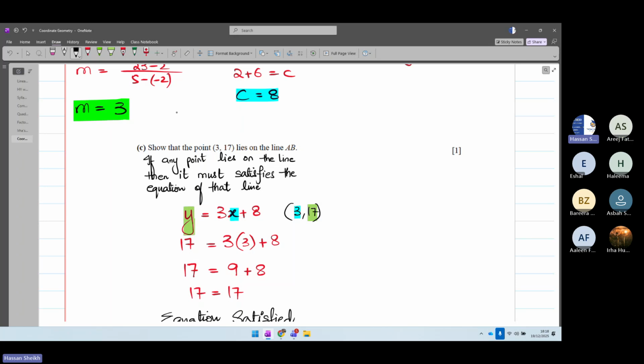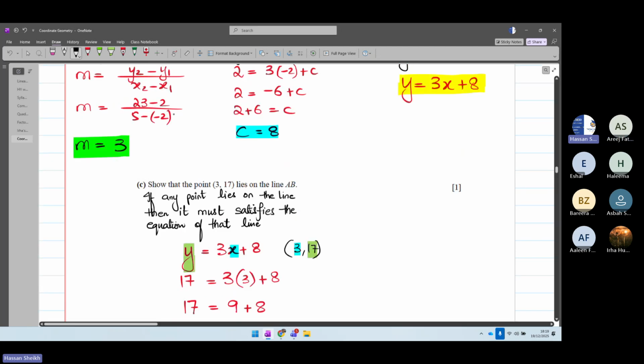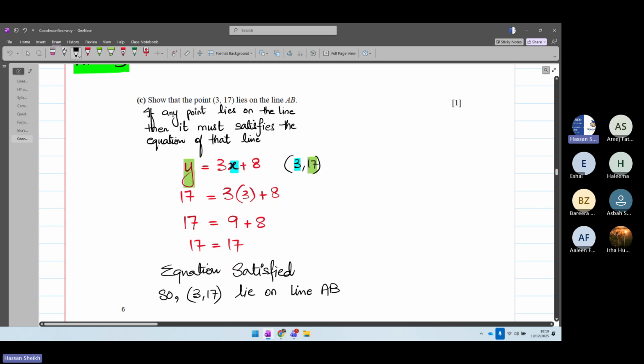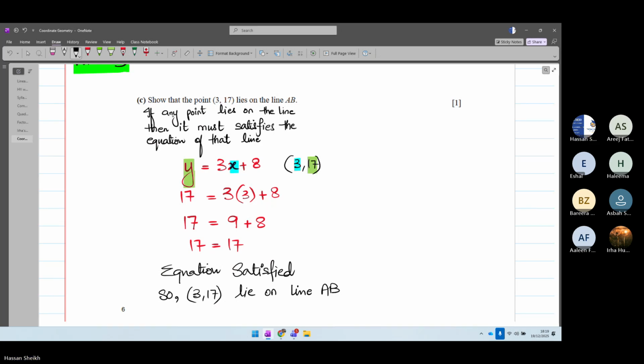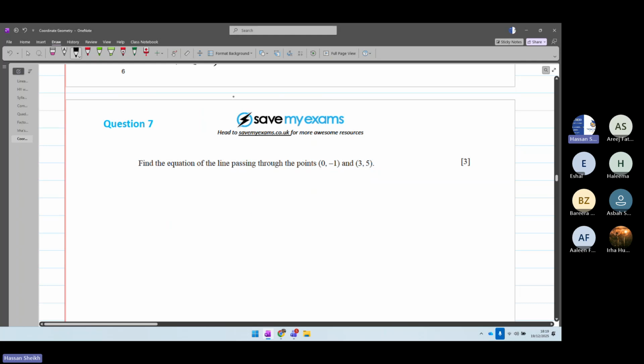Do we have 17 and 17 on either side of the equation after substituting those points? Which means the equation is satisfied. And if the equation is satisfied, it means that the point 3 comma 17 lies on the line AB. Okay, any doubt?